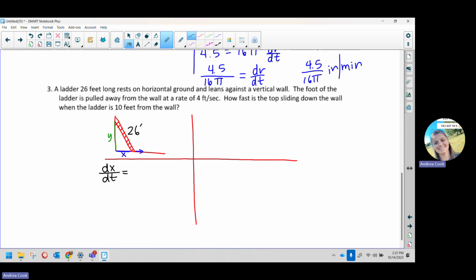And that distance is growing, so it's going to be positive. How fast is the top of the ladder sliding down the wall? So I'm looking for dy over dt when x equals 10.